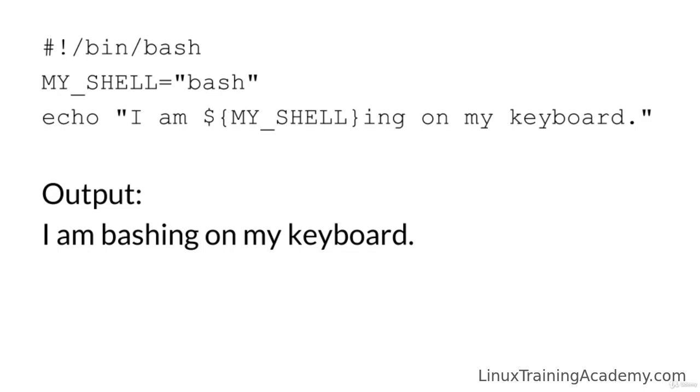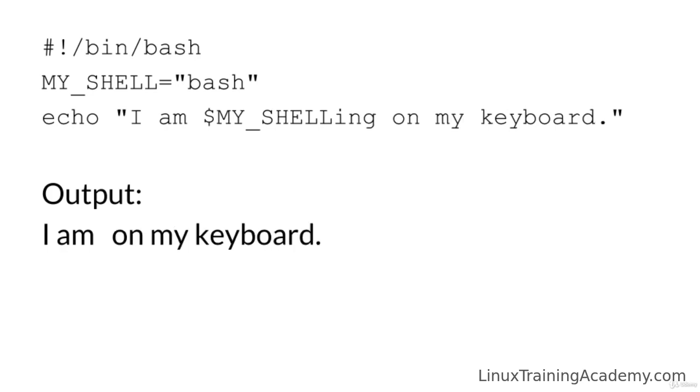Let's say you want to add the letters ing to the value that's stored in the MY_SHELL variable. To do this, you would use $, curly brace, the variable name, closing curly brace, and then ing. If you do not encapsulate the variable name in curly braces, the shell will treat the additional text as part of the variable name. Since a variable with that name does not exist, nothing is put in its place, as in this example.